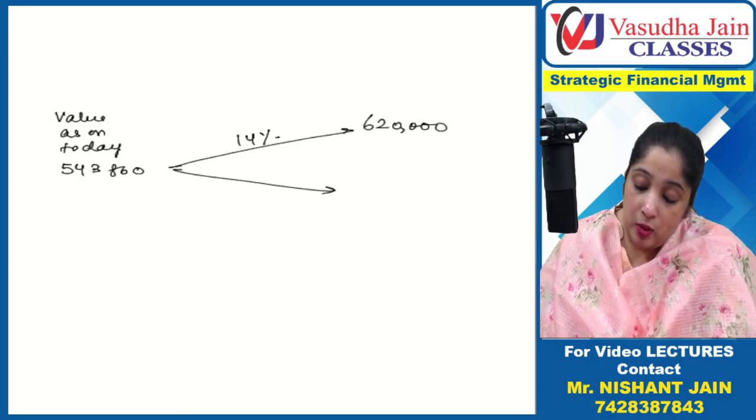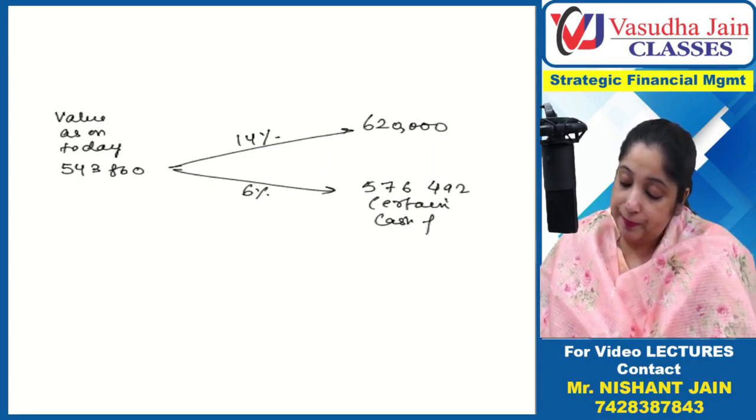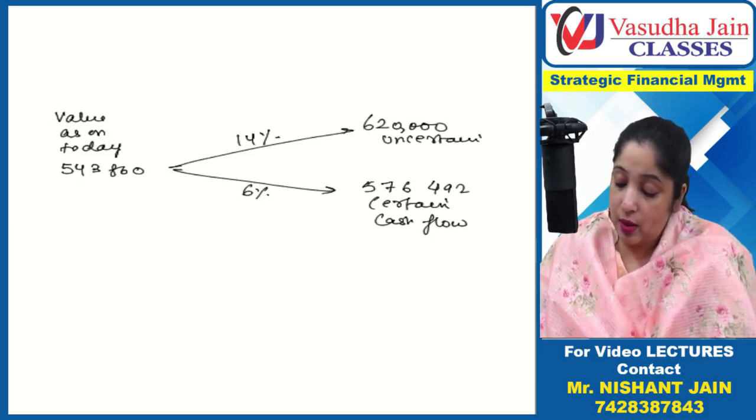If we compound with 6%, it becomes 5,76,492. This is termed as certain cash flows, and this is termed as uncertain cash flows.